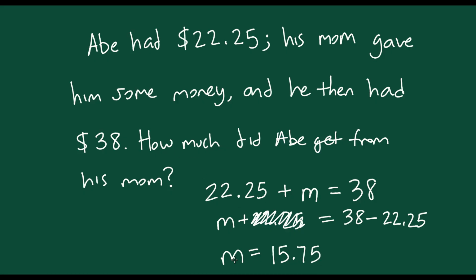So m equals 15.75. How much did Abe get from his mom? Abe got $15.75 from his mom. This is your answer right here. Okay? Don't leave it as this, because this doesn't have the unit. Like, what is this? This is dollars and cents. So this is your answer right here.